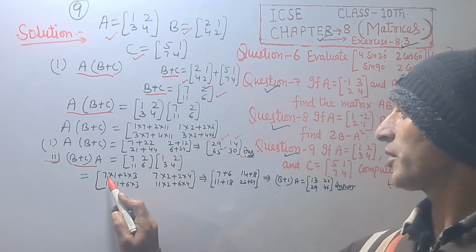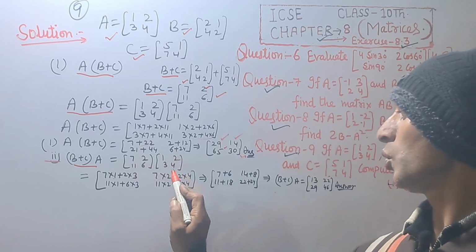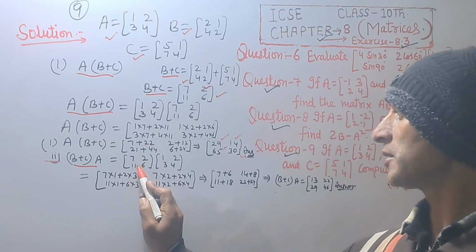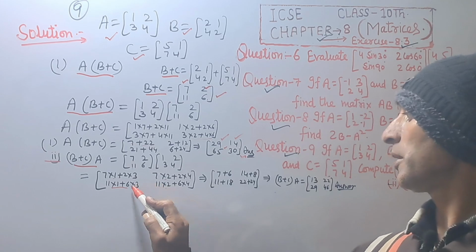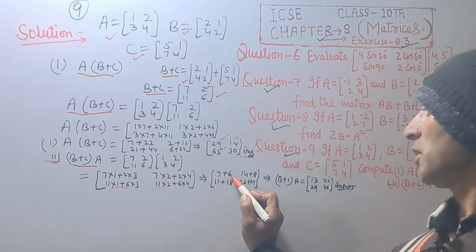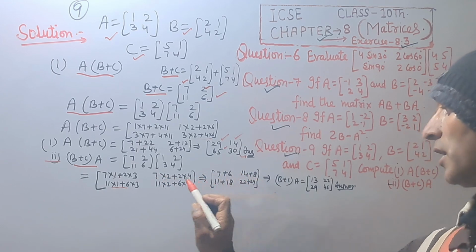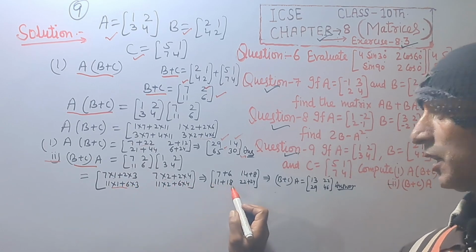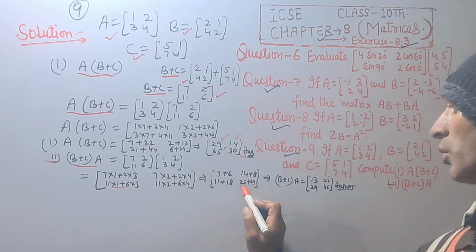First row multiply by first column. 7 into 1 plus 2 into 3. 7 into 2 plus 2 into 4. 11 into 1 plus 6 into 3. 11 into 2 plus 6 into 4. 7 1s are 7 plus 3 2s are 6. 7 2s are 14 plus 4 2s are 8. 11 1s are 11 plus 6 3s are 18. 11 2s are 22 plus 6 4s are 24.